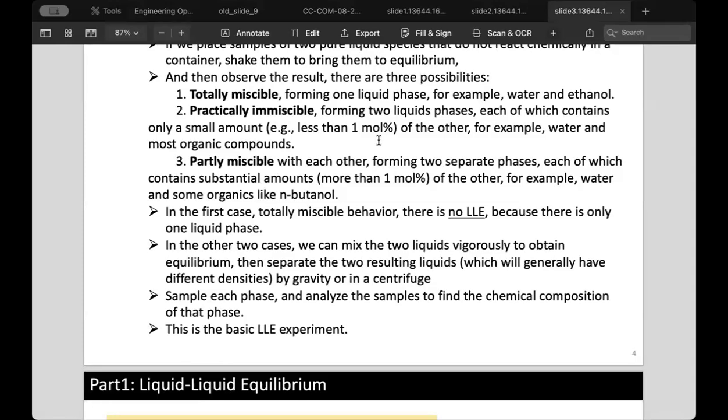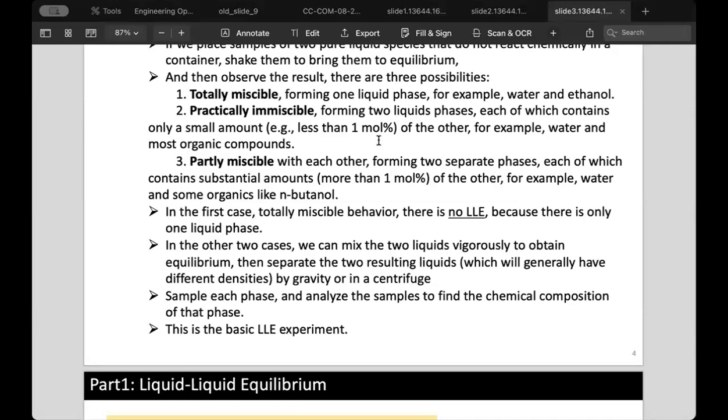Okay. The second case, practically immiscible, forming two liquid phases, each of which contains only a small amount. Small amount, it can be less than 1 mole percent. For example, water and most organic compounds.